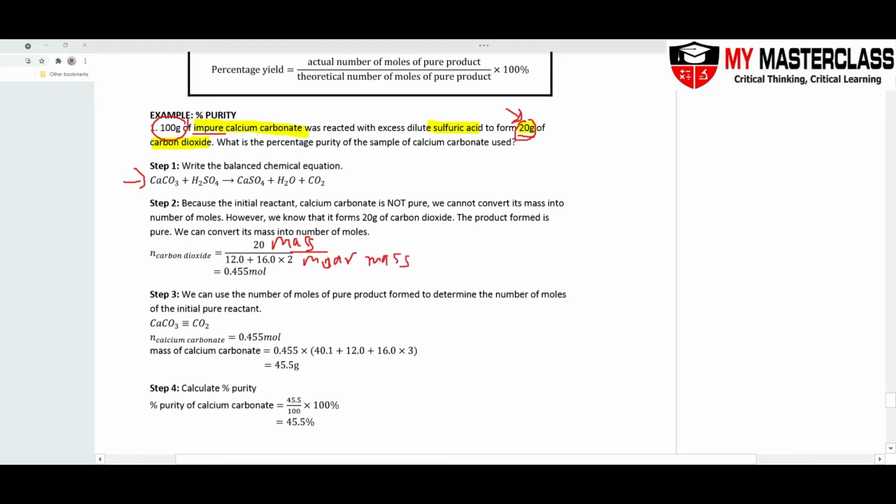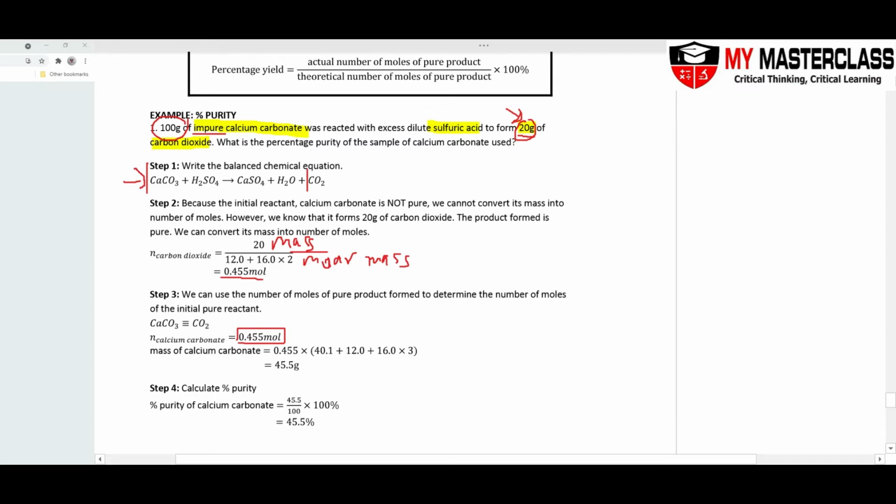So you can count this as 0.455 moles. And then after you count this, use this mole to do the ratio. How do I do the ratio? 1 CO2 is to 1 CaCO3. So the number of moles of calcium carbonate in this case, because it's 1:1, is 0.455 moles.